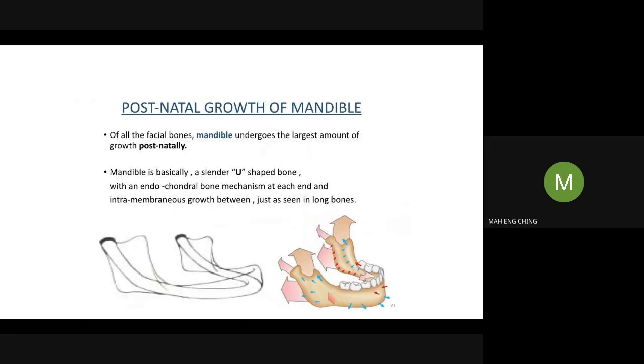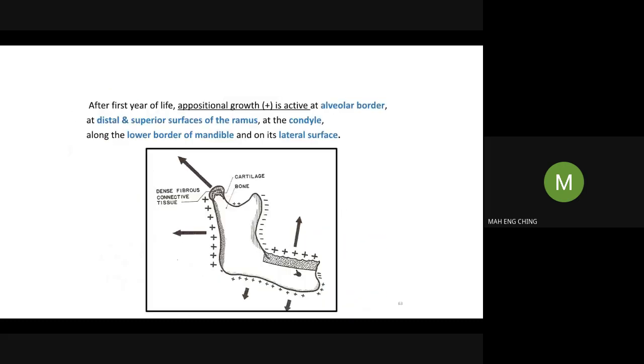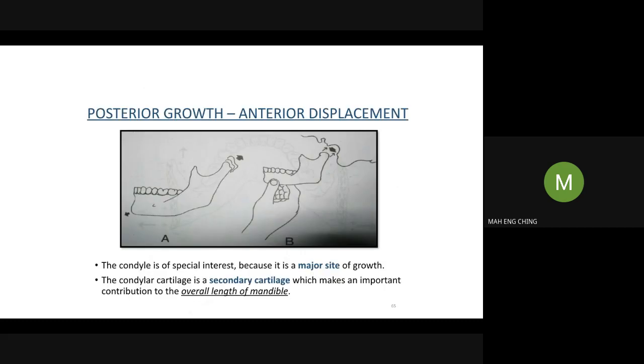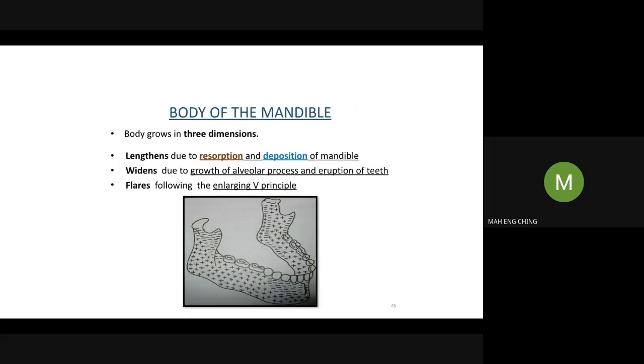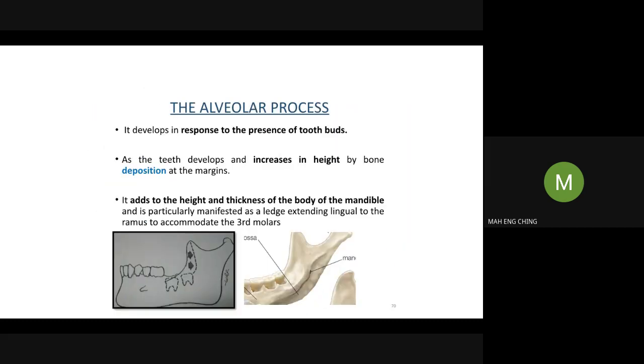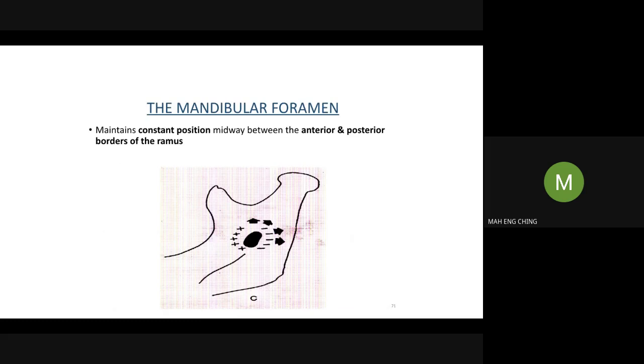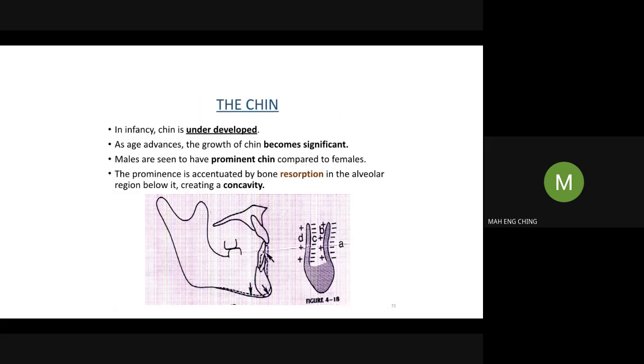Then we talked in detail about what happens to the mandible after the baby is born. We talked about the ramus, how it grows and accommodates the second and third molars. Then the chin, how it grows, becomes longer, the ramus, the body of the mandible. And then the third molar, the foramen, and the chin.